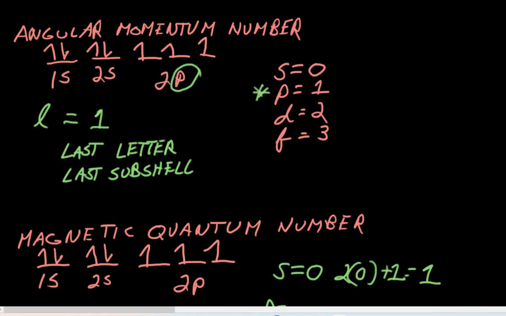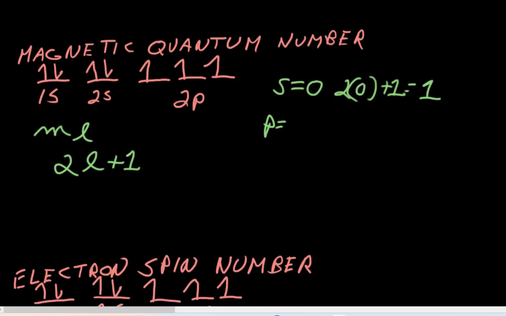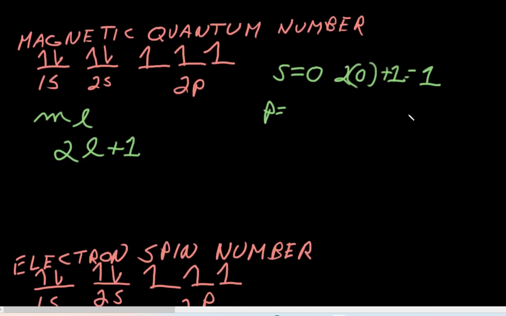And let's go down and look at our magnetic quantum number. Our magnetic quantum number, or m sub L, you're going to calculate using this formula here, 2L plus 1. So if we were in the S, S would equal 0. So 2 times 0 plus 1, we could only have one possible number.